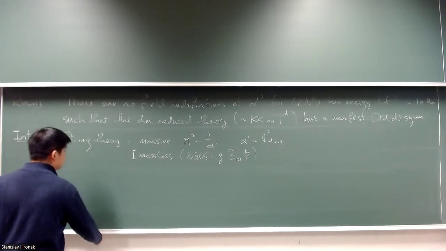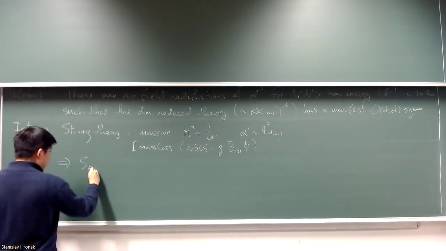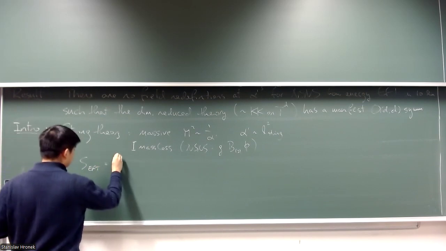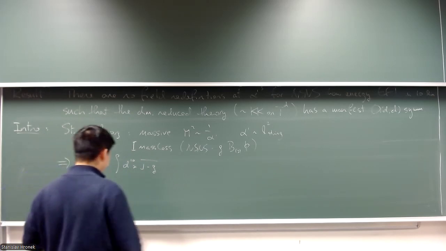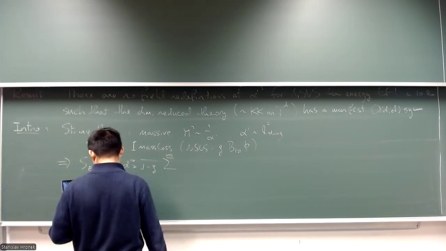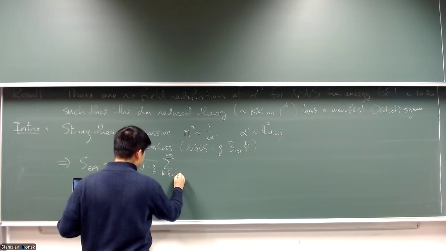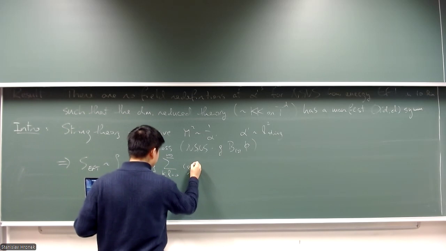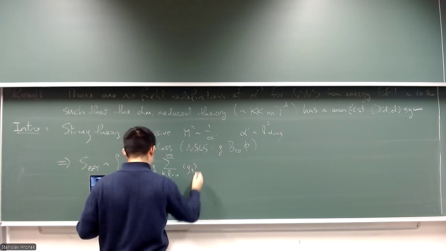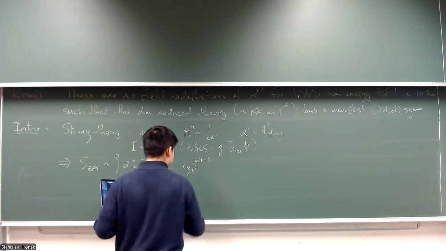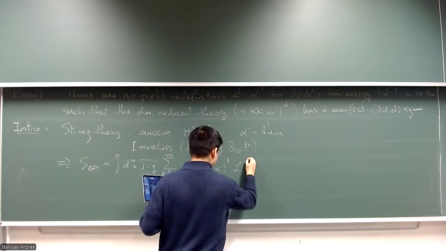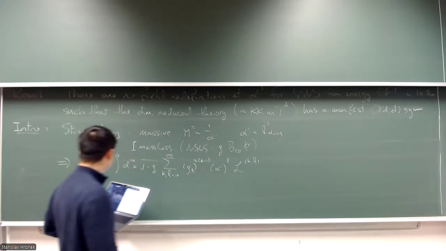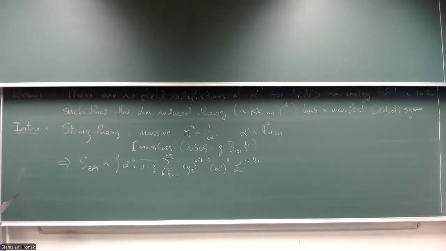That typically gives some effective action, which can be organized in a double expansion. So that's the general structure of the effective field theory.